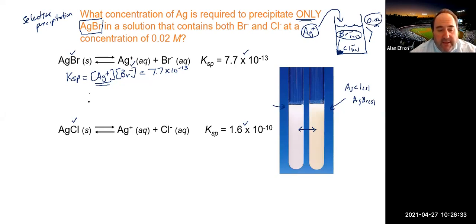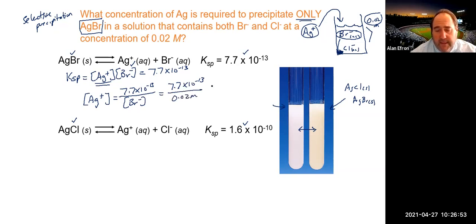Rearranging the KSP expression and solving for silver, which basically means we're just going to divide the bromide to the other side, gets us 7.7 times 10 to the minus 13 divided by 0.02, and that will get us, we'll call it 3.9 times 10 to the minus 11 molar.